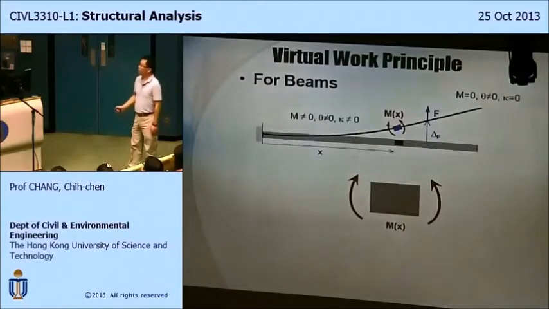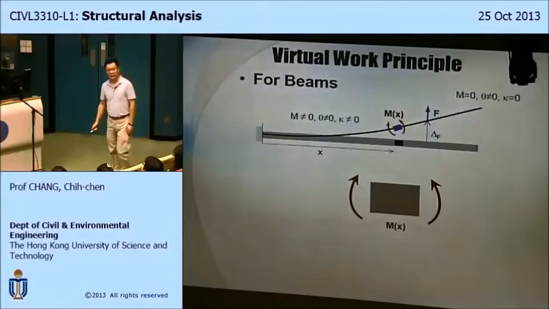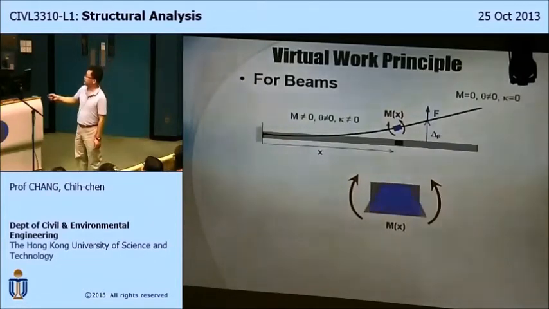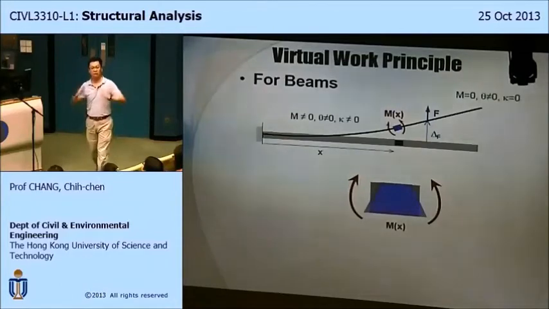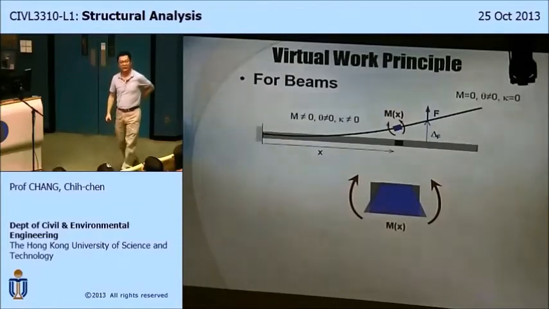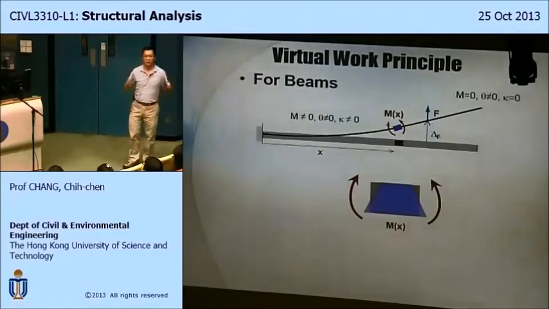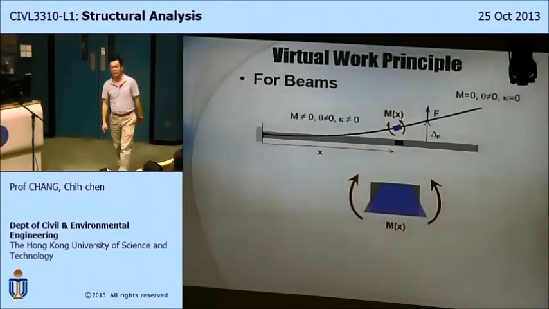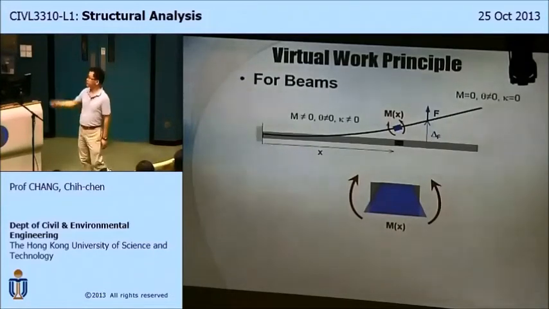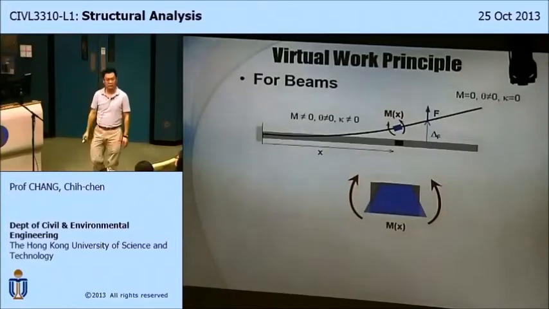Under elastic conditions, mechanics of materials tells us that the element will deform, and we follow the linear elastic assumption that plane cross-sections remain plane after deformation, so it will deform into such a shape.